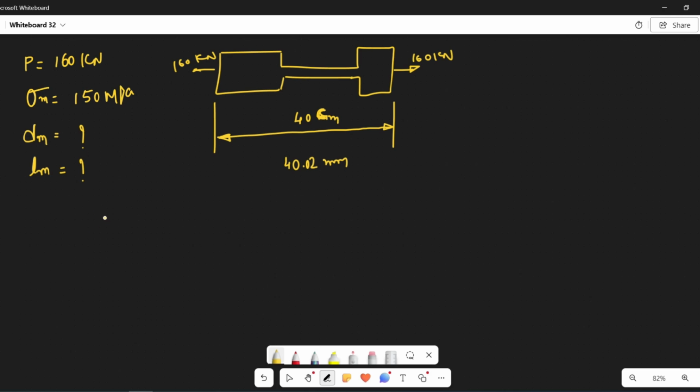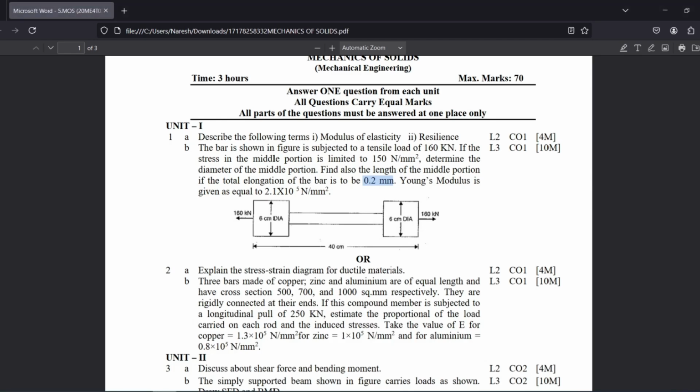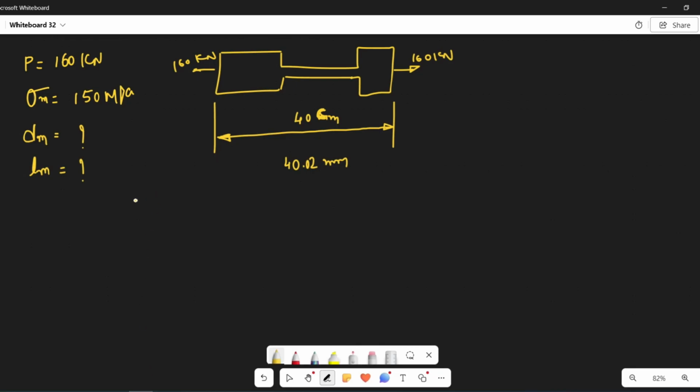Okay, now what? We were actually given the limiting stress. By the way, here diameters were given, so whenever you see diameters, it means a circular section.